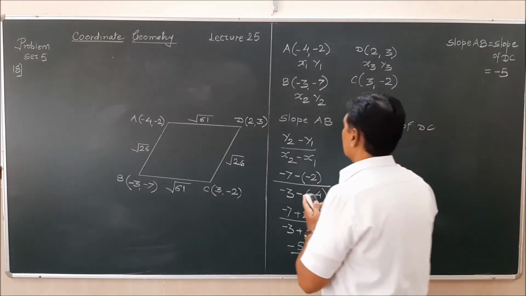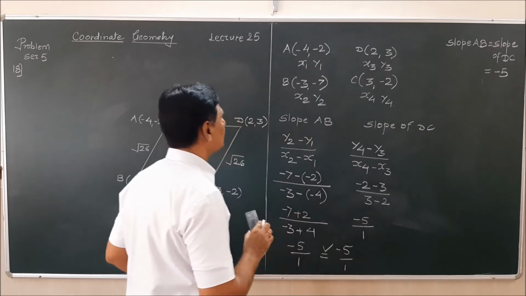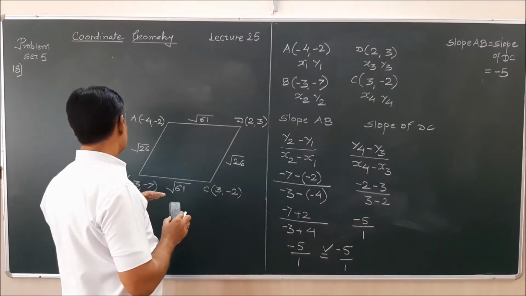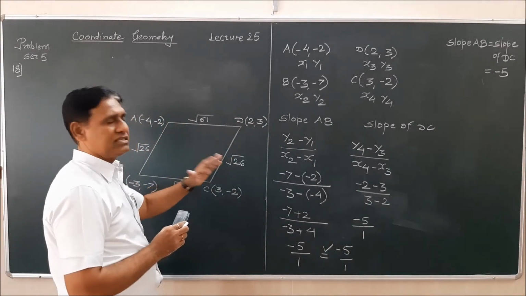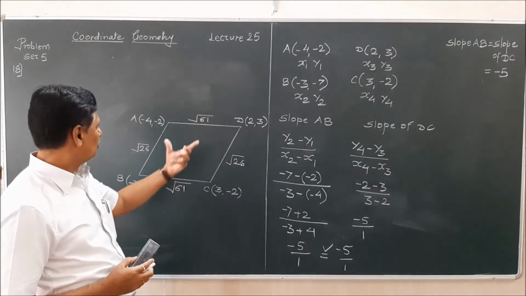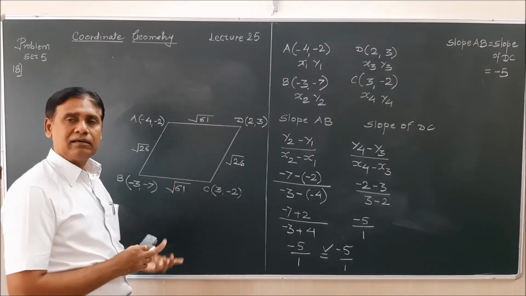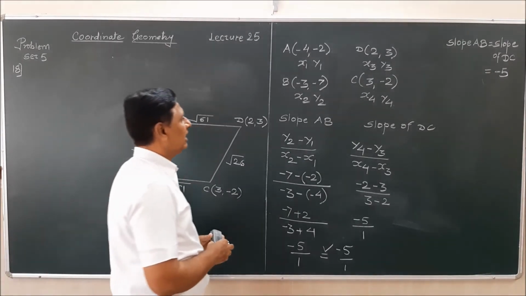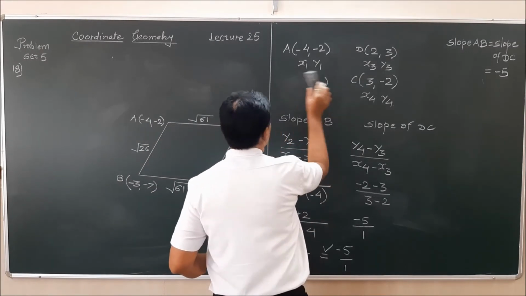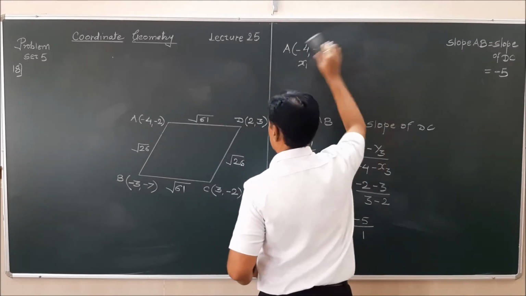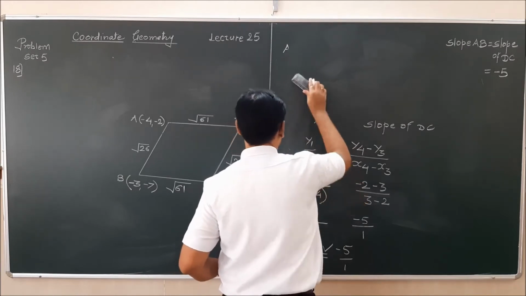Fine, very good. Now I got the slope of AB and DC. Now I'll find out slope of AD and BC.